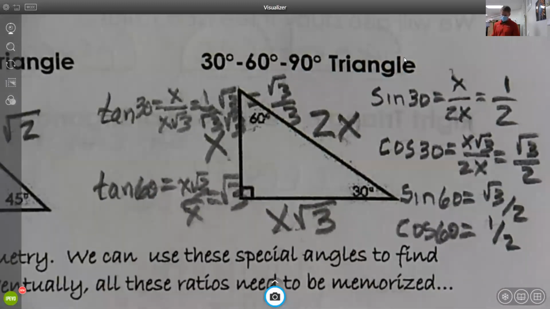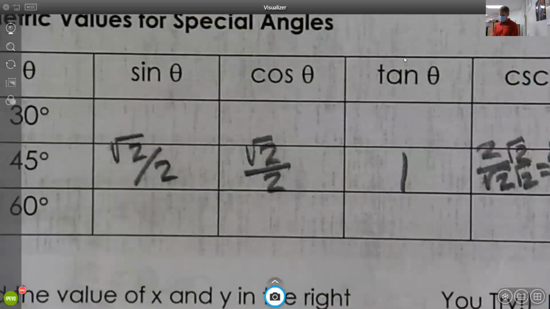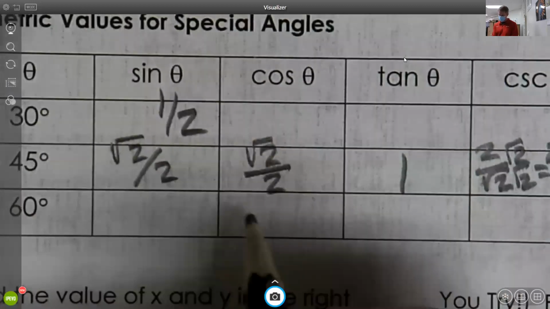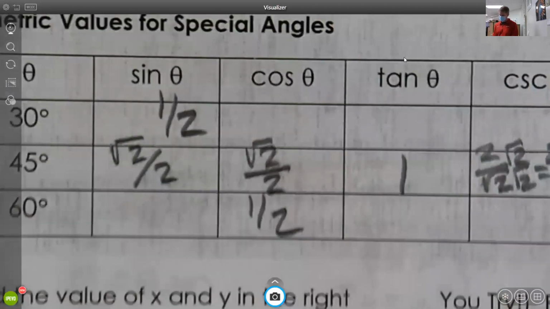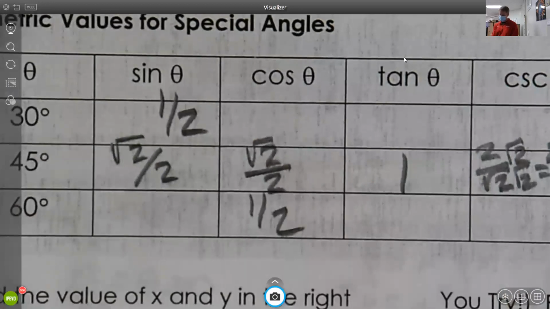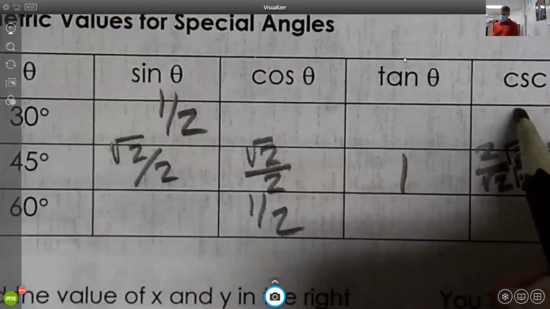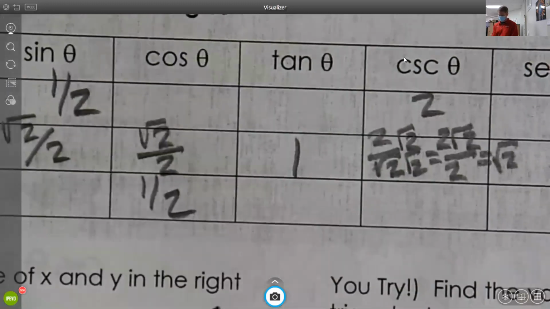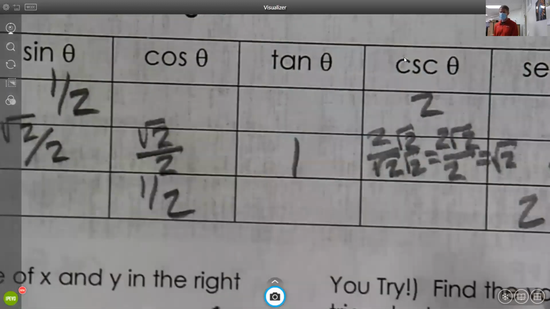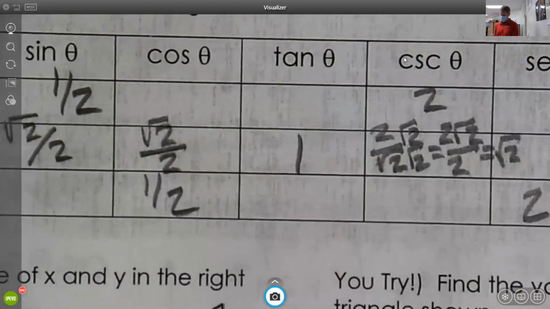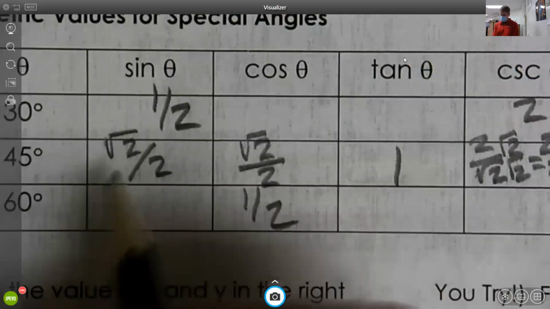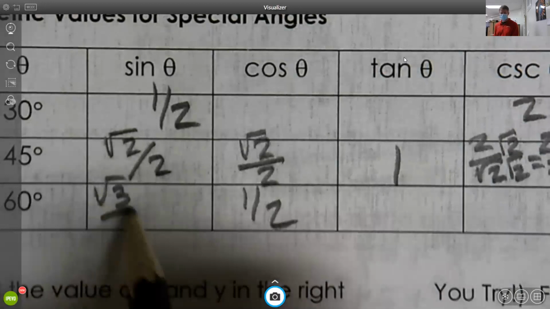So now we can come down, if you haven't already, and fill in the rest of your chart. The sine of 30 was 1/2. So was the cosine of 60. So the reciprocal was 2, and the reciprocal was 2. The sine of 60 was root 3 over 2.